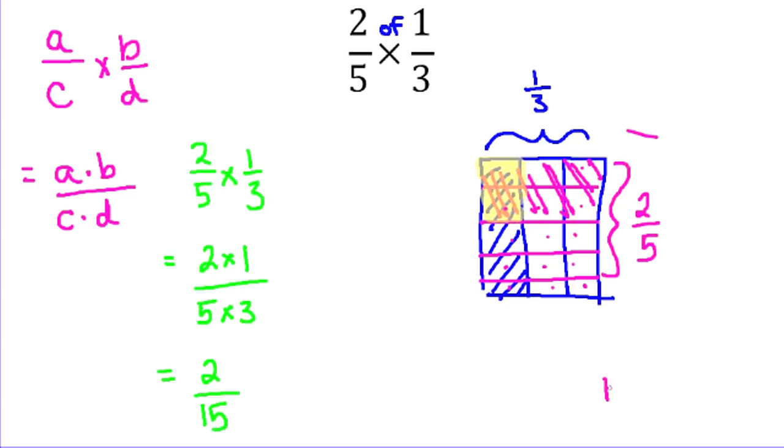So I have 15 individual pieces, and what I have shaded in is 1, 2 of those, or an array made by the numerators, 1 times 2. So it's just another way of visualizing that 2/5 times 1/3, or 2/5 of 1/3, is equal to 2/15. So we have a way that uses a rule, and we have a visual way of showing multiplication of fractions.